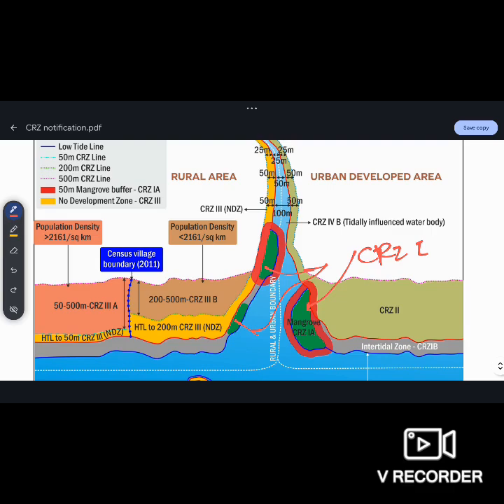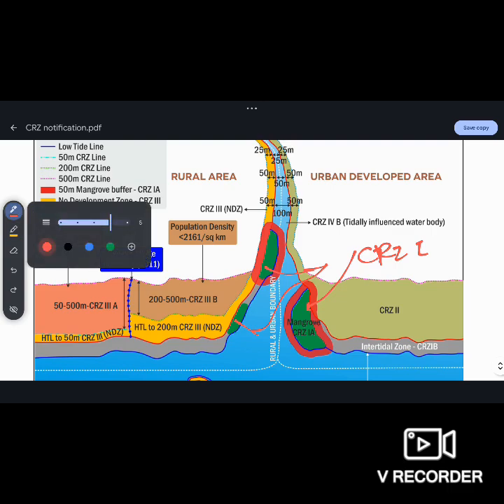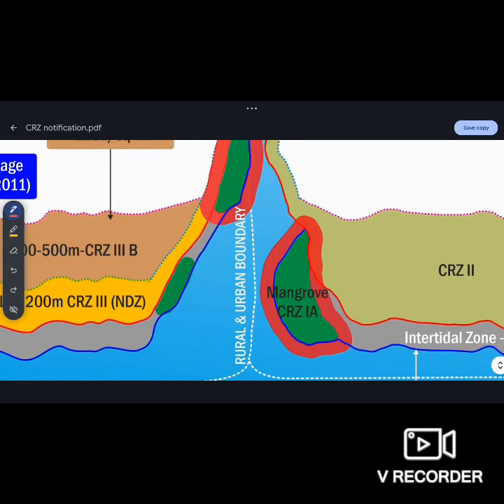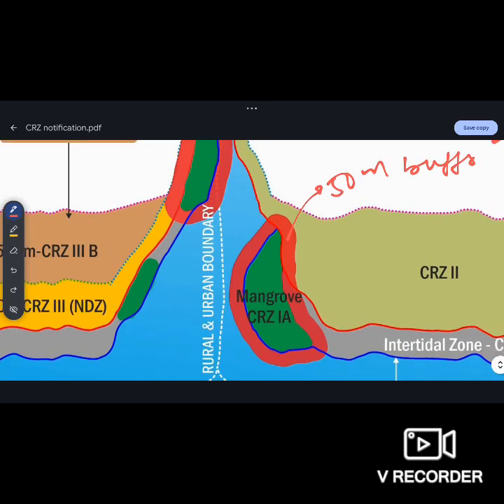Now, apart from this green area, you can see this yellow envelope. This yellow strip is a 50-meter extra buffer, and this provides extra protection to this CRZ 1A area.